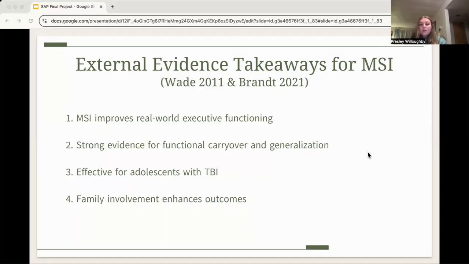Both MSI approaches within the research showed that adolescents can successfully learn and use metacognitive frameworks, improving independence in complex tasks. And the literature demonstrates that caregiver coaching boosts EF recovery, behavior management, and emotional adjustment, which are key factors in school reintegration.